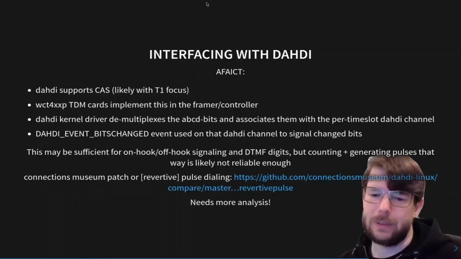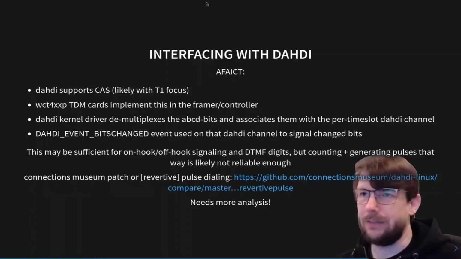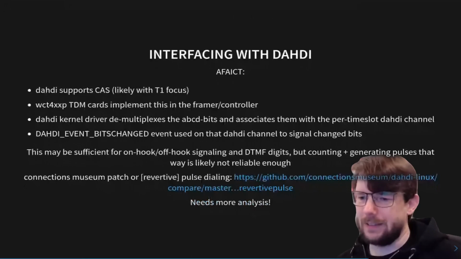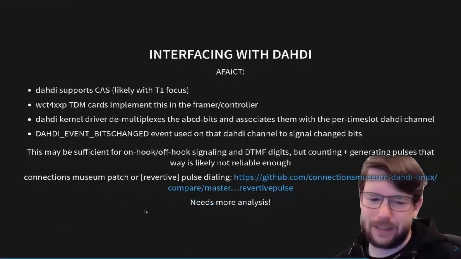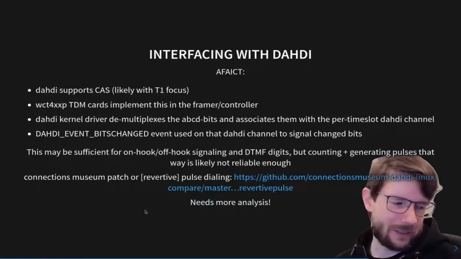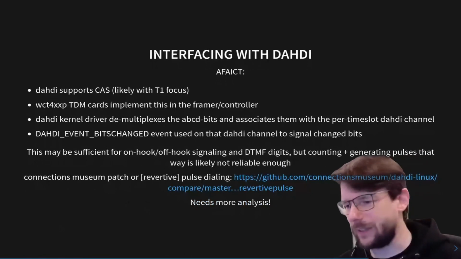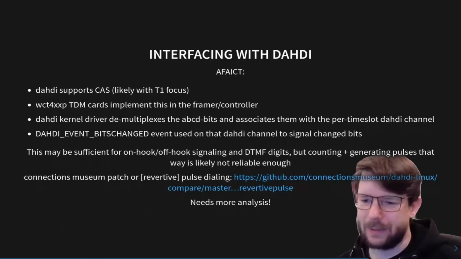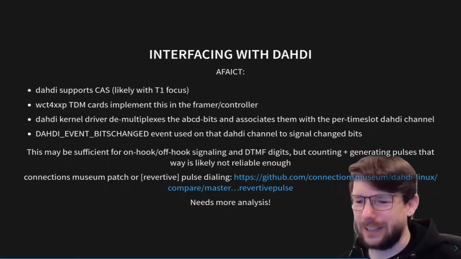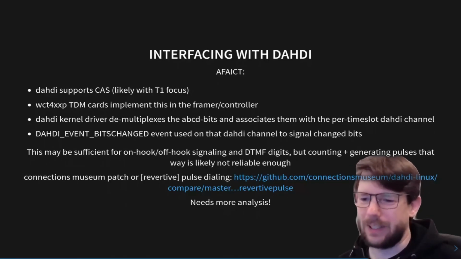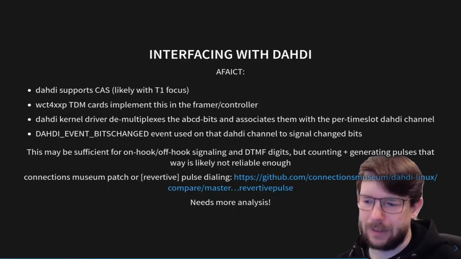Let's say you open the DAHDI channel for Timeslot 5. Then in that Timeslot 5 device, they have a mechanism. I think they return a negative result code when reading from the device, and then the application should know that in this case it should call a specific I/O control to fetch an event, and that event will say bits changed, and tell the user space program, the soft switch in this case, that these ABCD bits have changed.